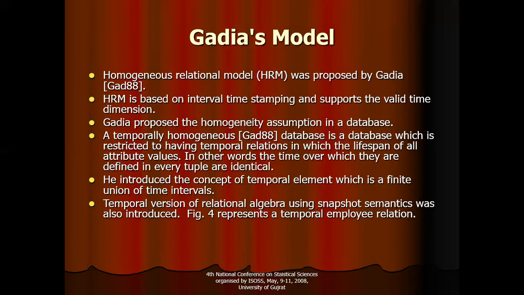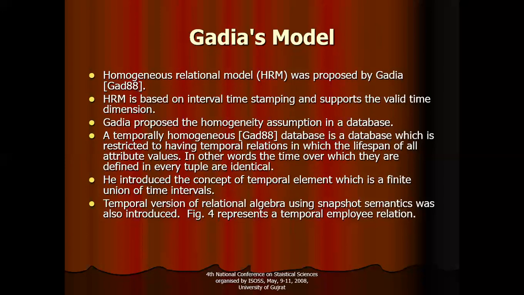The third model, which I want to discuss briefly, is called the Gadia model. Gadia's model is basically called the homogeneous relational model. When I say homogeneous relational model, sometimes it comes to our mind that there may be a heterogeneous relational model.